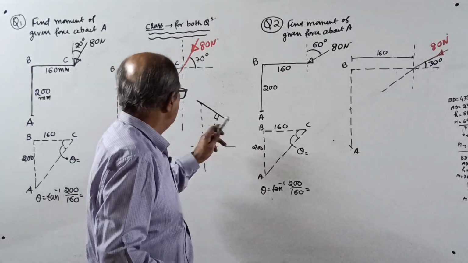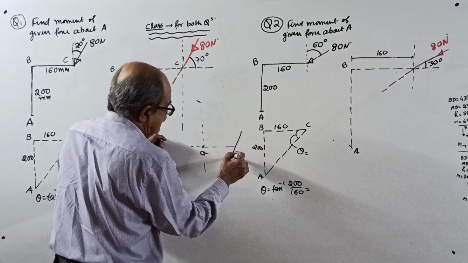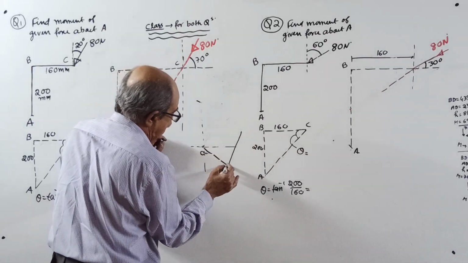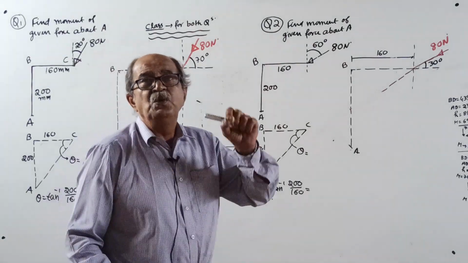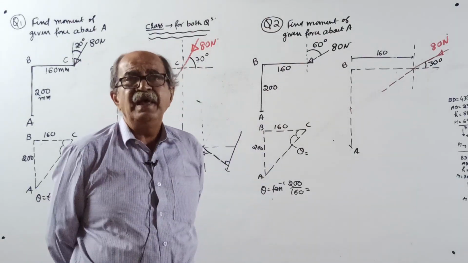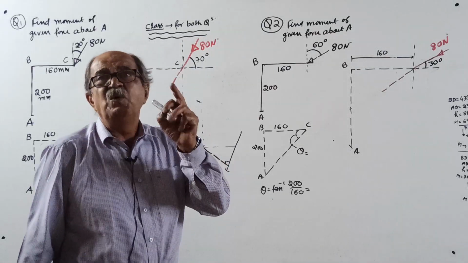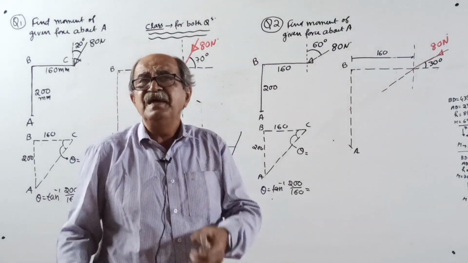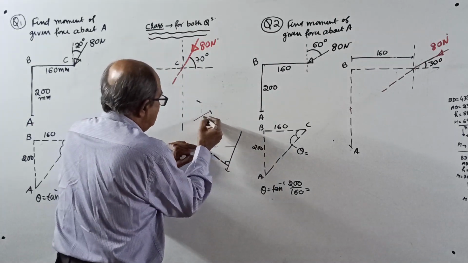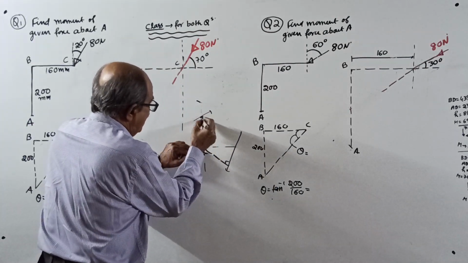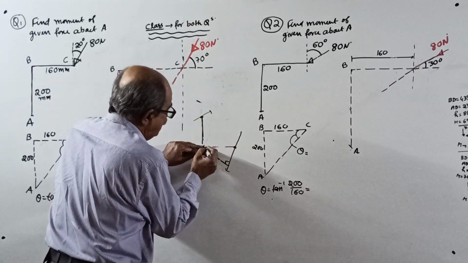Or if the inclined force is somewhere here, you can calculate the perpendicular, provided you know the point where that force cuts a horizontal or vertical line connected with the point O. See, this point is connected with the point O vertically. This point is connected to the point O horizontally.